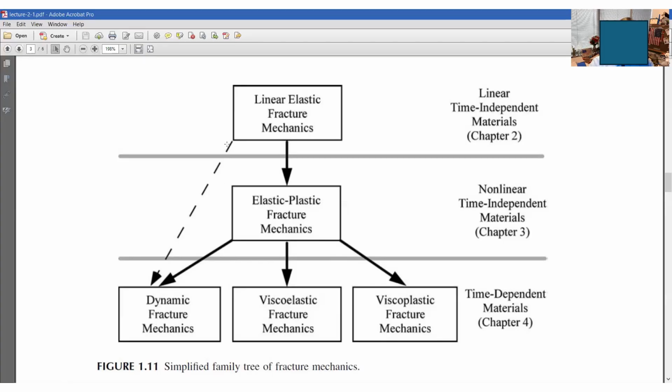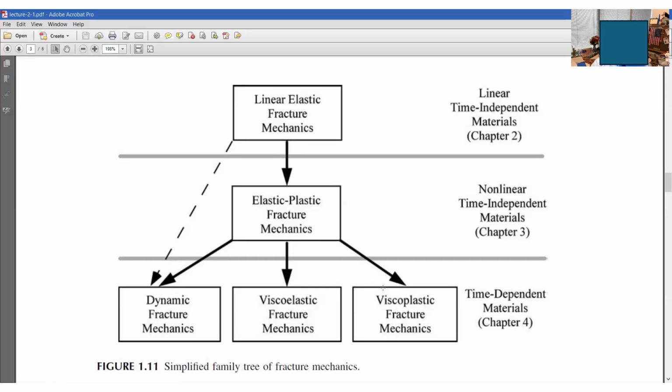But for the LEFM, we just assume the material is time independent, right? Then we have viscoelastic fracture mechanics, and viscoelastic is more complicated. And this is viscoplastic fracture mechanics.